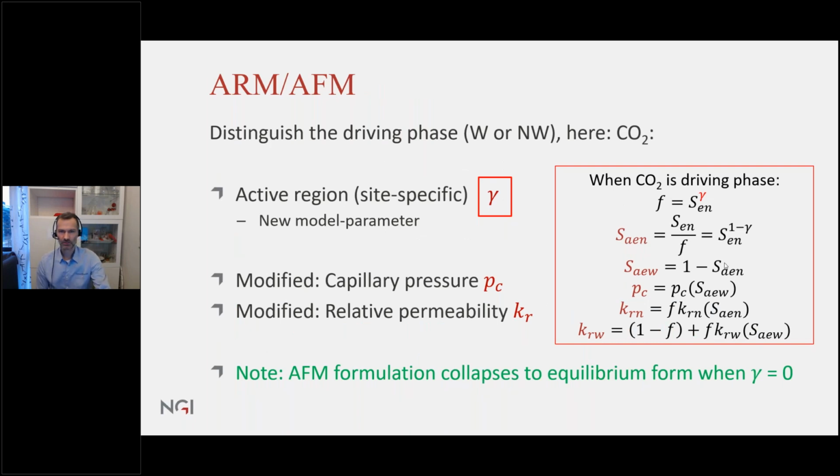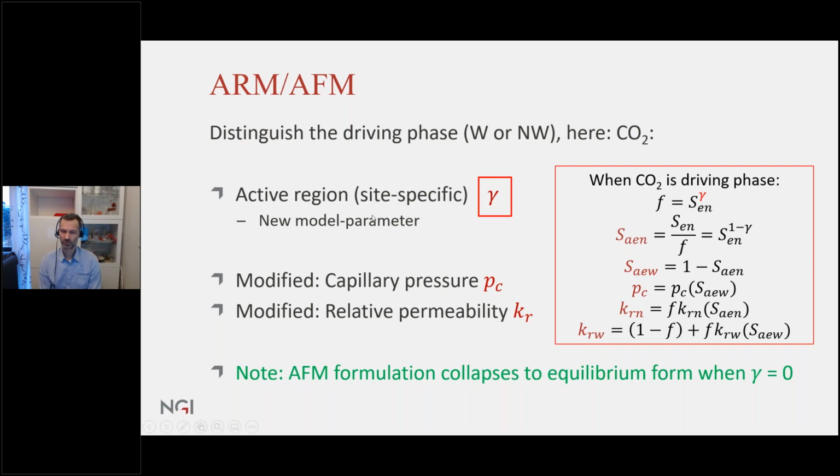So the active region model, or the active fracture model, is a relatively simple model, both in concept and in mathematical expression. The first thing you need to do is to distinguish the driving phase for this non-equilibrium.